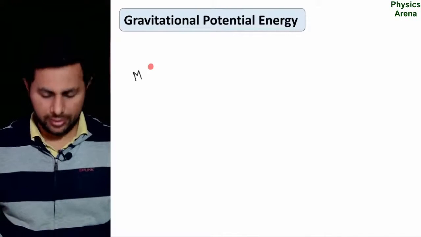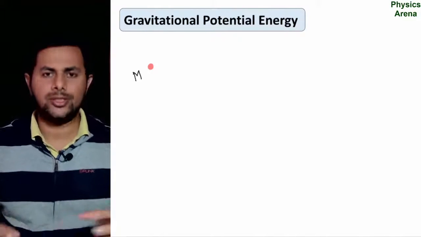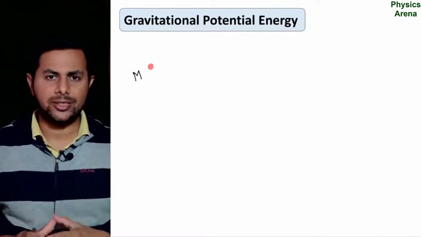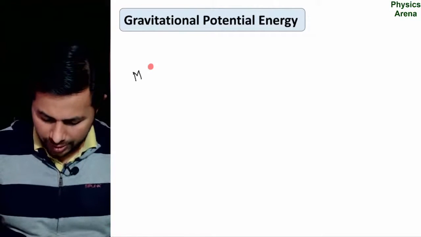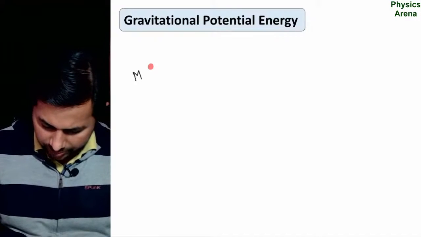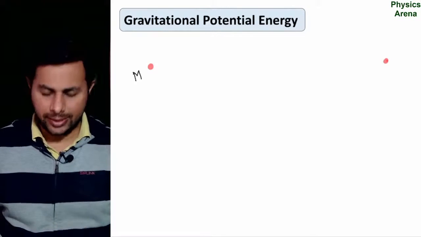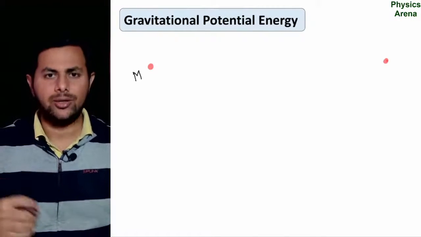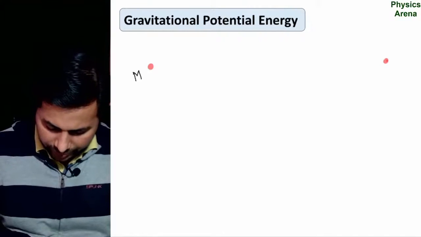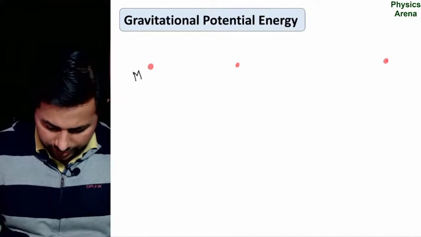Because we can always call it the mass of Earth, and we can use the general formula that we are going to derive for the special case of Earth. There is another mass, small m, which is somewhere at infinity, and we are bringing it from there and keeping it over here at some distance.